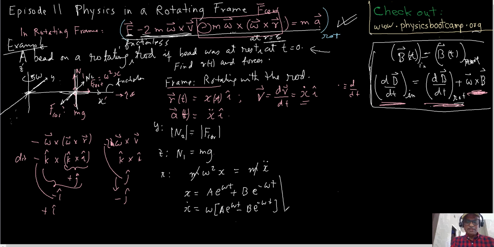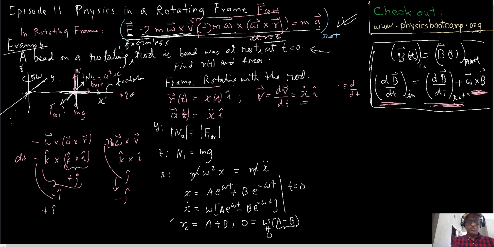Now at t equal to 0, the initial condition is given, so x becomes r0, a plus b, and x dot at 0 equals 0, which says omega times (a minus b) is 0.